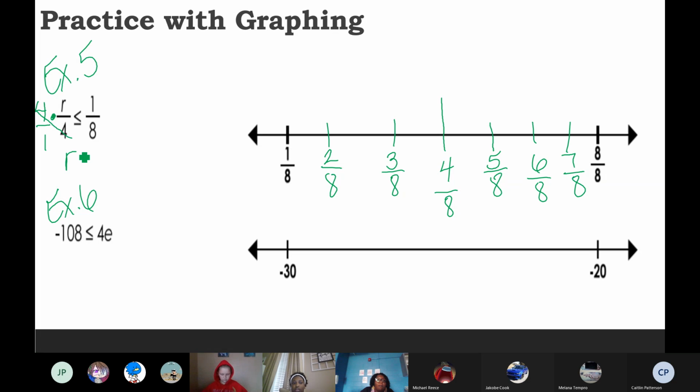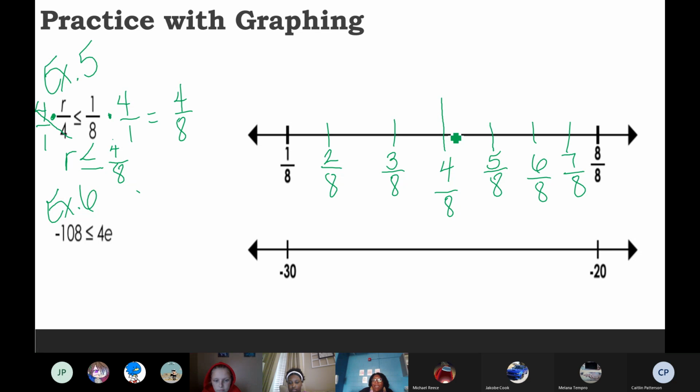And now I just have my r by itself is less than or equal to, and now I have to just multiply straight across. So, what is 1 times 4? 4. And what is 8 times 1? 8. So r is less than or equal to 4/8.